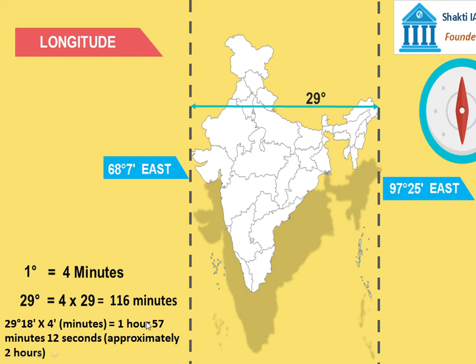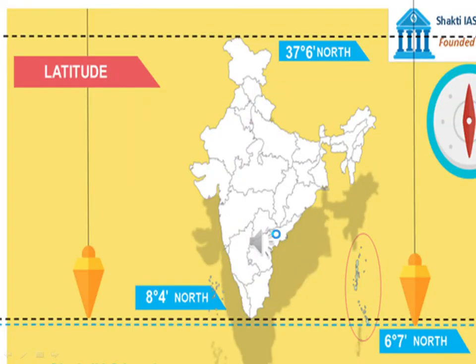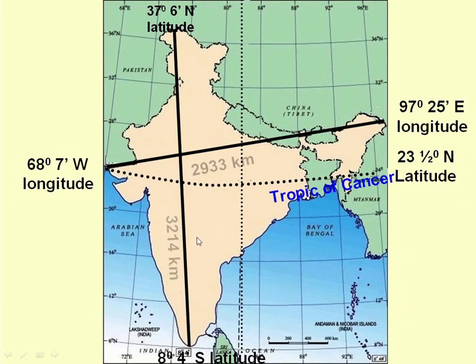So for the sake of administrative convenience, we choose our standard meridian between these two extremes, that is 82 degrees 30 minutes east. I will show this standard meridian. You see, this is the standard meridian.